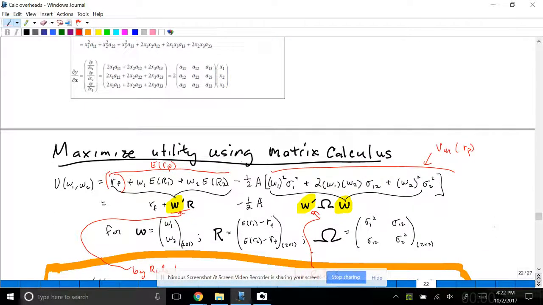We can write this as a scalar times a row vector, W1, W2, the transpose of that, times excess returns. So we've expressed this.